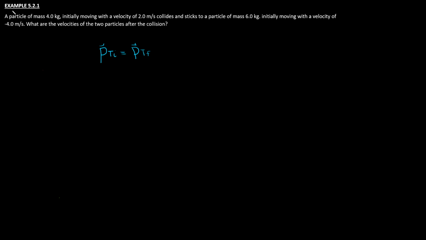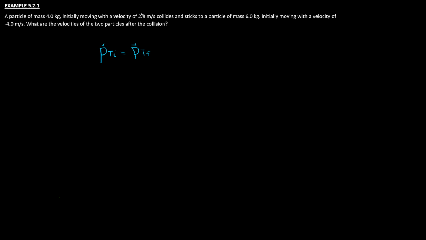Okay, so here in example 5.2.1, we have a particle of mass 4 kilograms initially moving with a velocity of 2 meters per second collides and sticks to a particle of mass 6 kilograms, initially moving with a velocity of -4 meters per second. What are the velocities of the two particles after the collision?